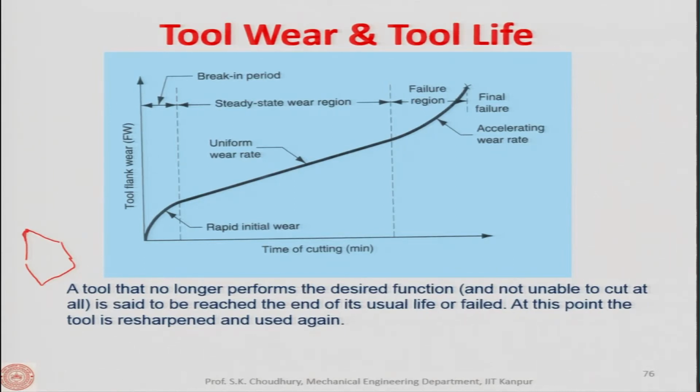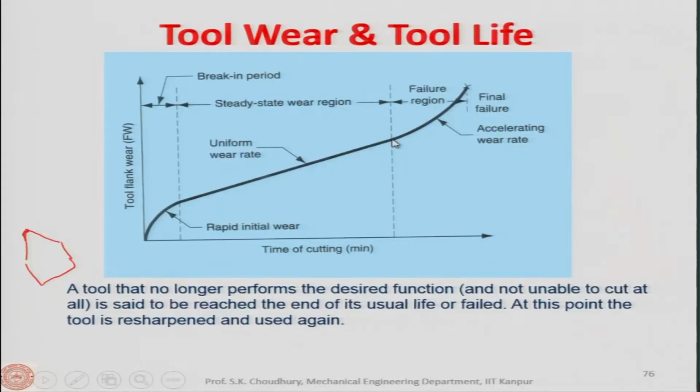It is not rapid and it goes uniformly as the cutting process goes on, but after some time the flank wear flat is still becoming more and more, although it is steady and uniform. So, the temperature is becoming more and more because the flat is increasing, and this also gives rise to further tool wear or flank wear, and at a certain point this flat goes so high that the temperature becomes very high and the tool may fail any time after this.